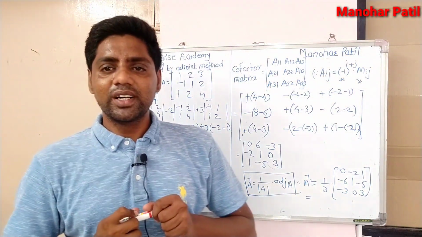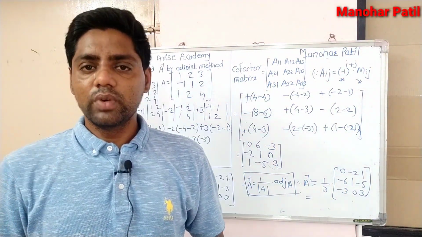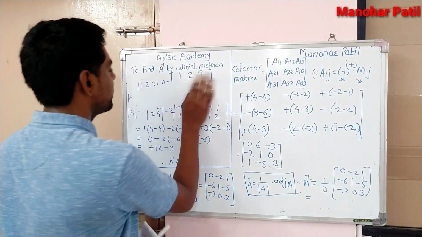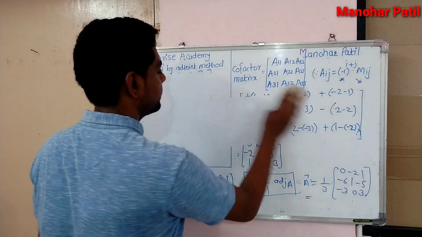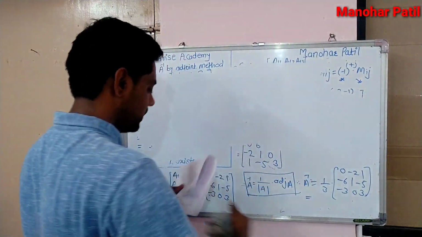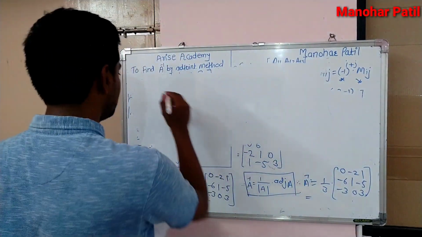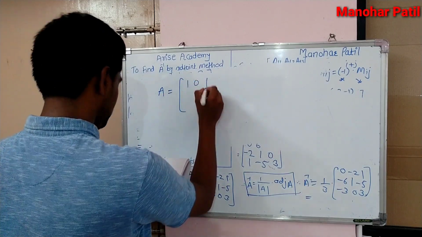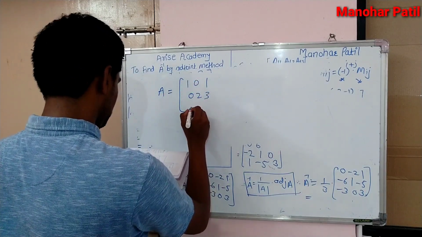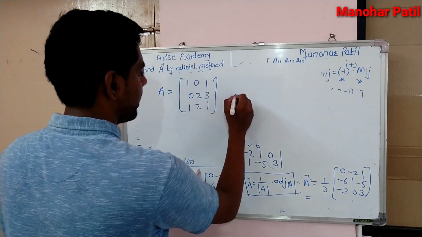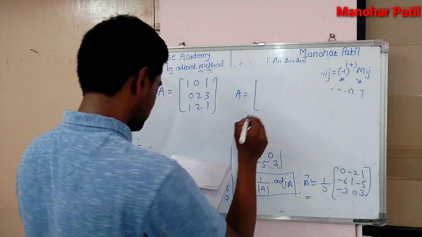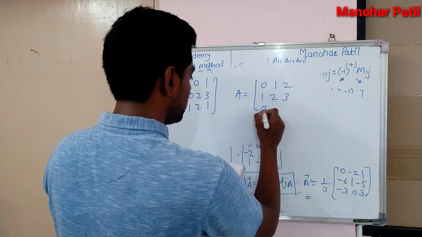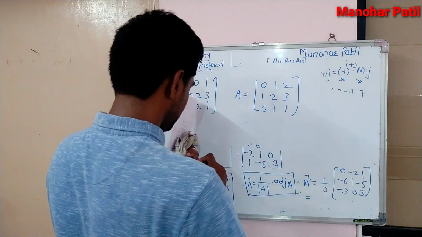So very simple method. I am giving you one more example so you can practice at your home. So write down the example: 1 2 1, and also the next example 0 1 2 1 2 3 3 1 1.